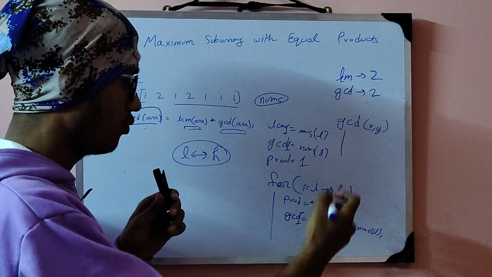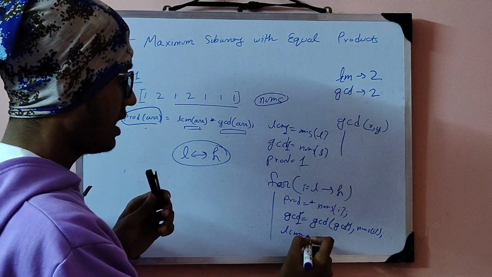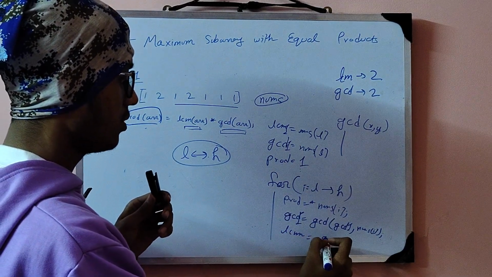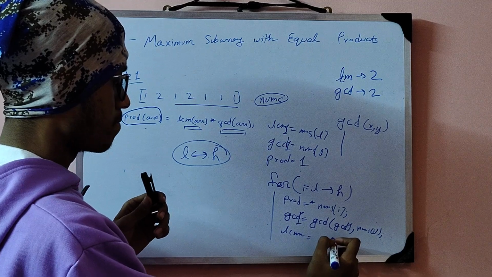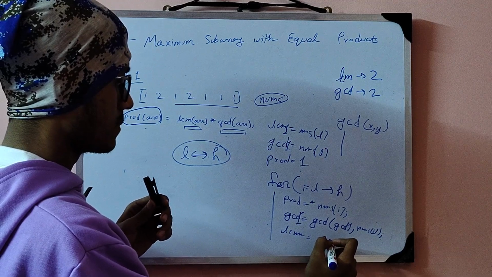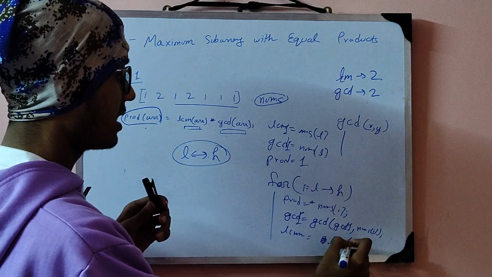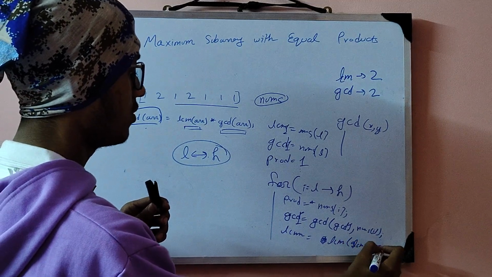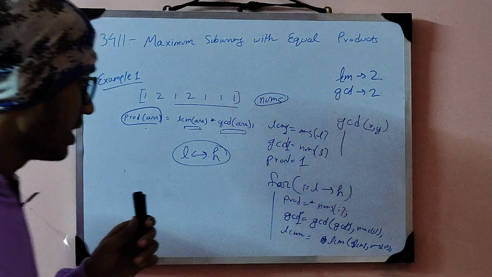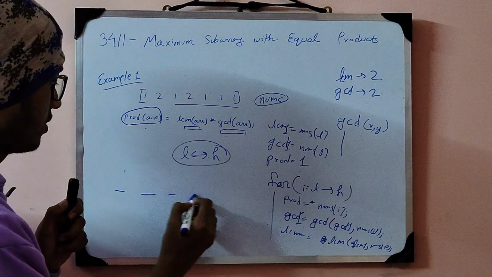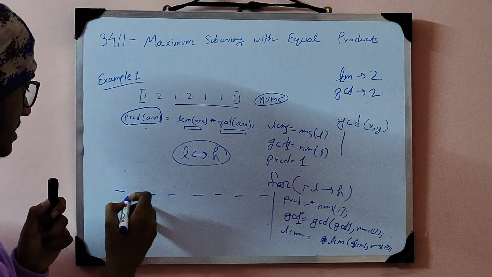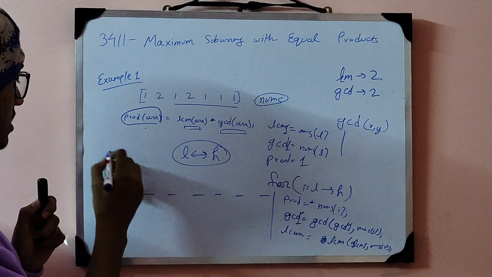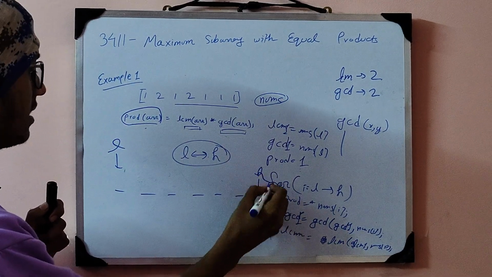But for the next time onwards, how will the LCM function work? Suppose we will make an LCM function, LCM of LCM1 comma nums of i. Here you can see, suppose we have an array like this, and this is the low and this is the high.